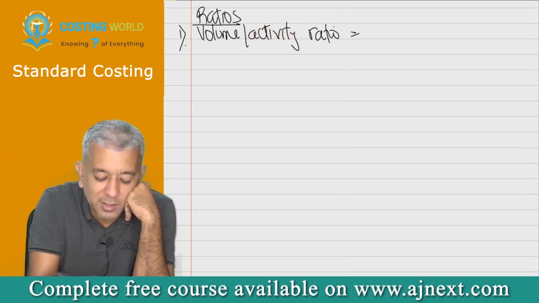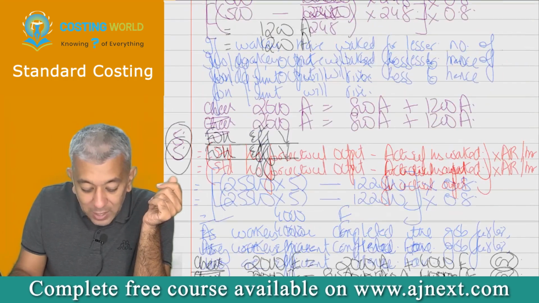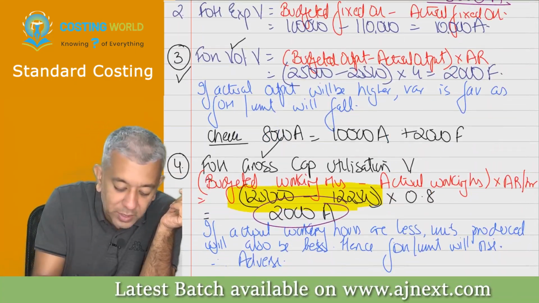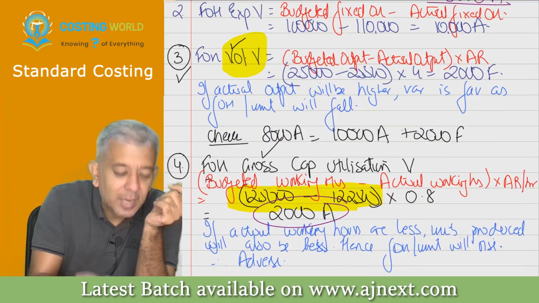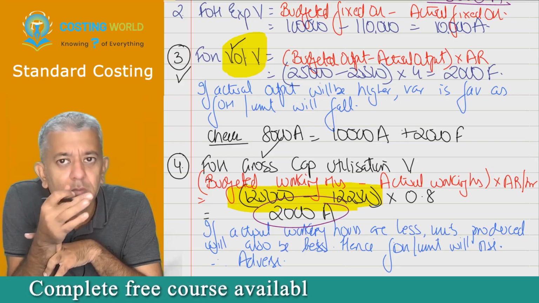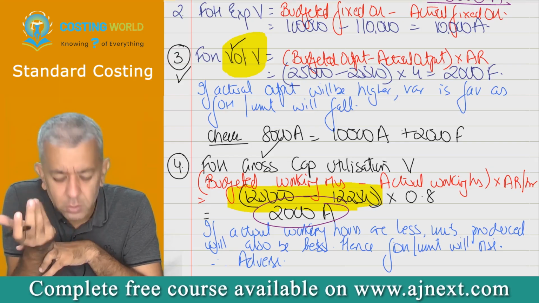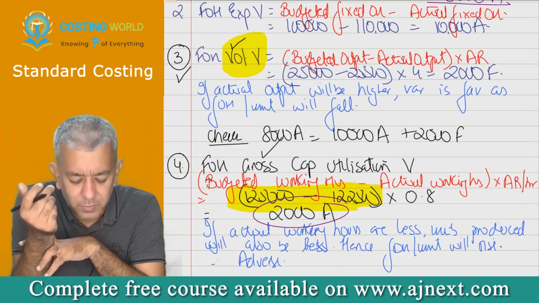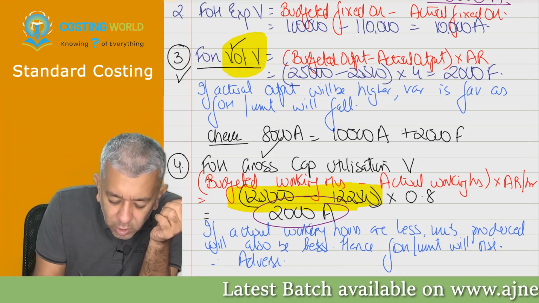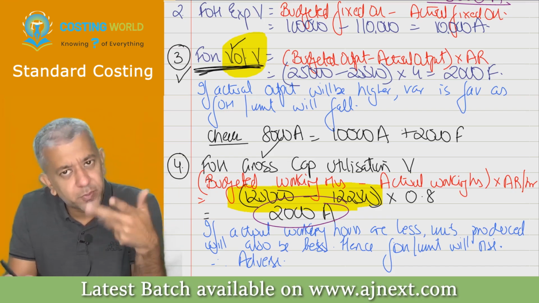Now, how to get the formula? I don't know. But I know this much that whenever you are computing variances, it is something minus something. But can you say ratio is something upon something? Okay. So, I need to do something upon something. Now, what upon what? It's very simple. I'll make the formula from this particular question only.